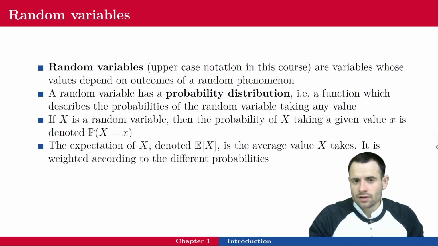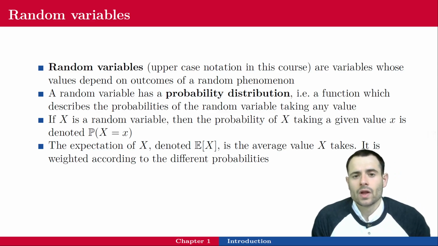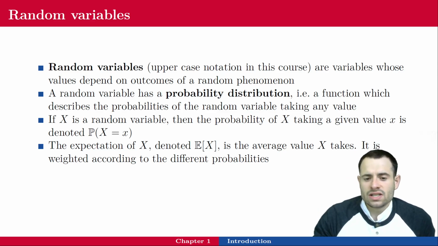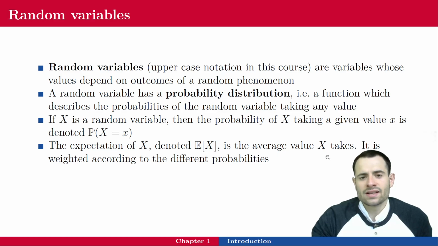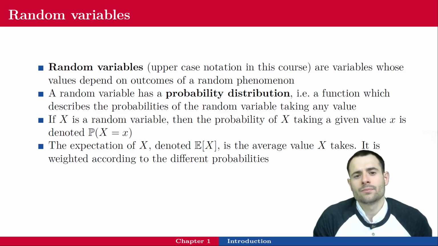Now, often, when we look at random variables, we look at expectations. Expectation, which we denote E of X, an E with a double vertical bar at the front, is the average value that X can take. So it's a weighted average, and the average is weighted according to the different probabilities.